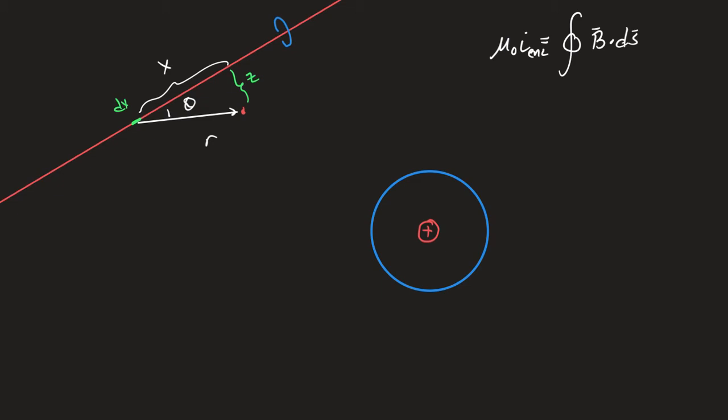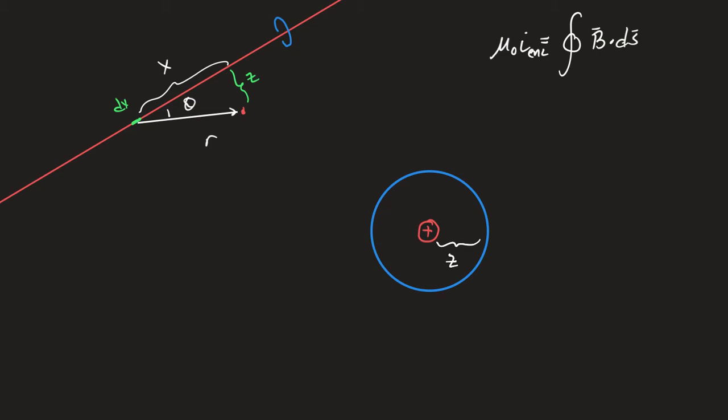That means that every piece of the loop is the same distance away from the wire. So, to be consistent with what I have written over there, I'm going to use z, because my point is located a distance z away from the wire.